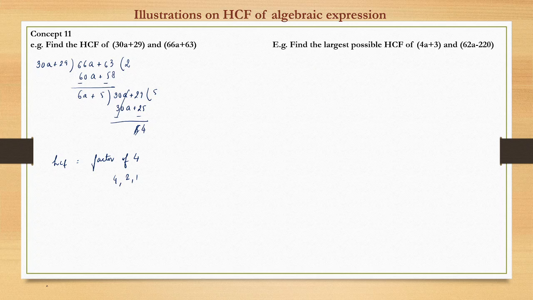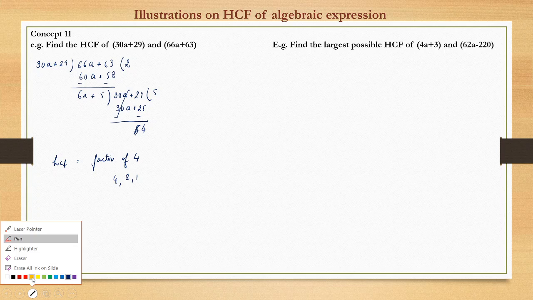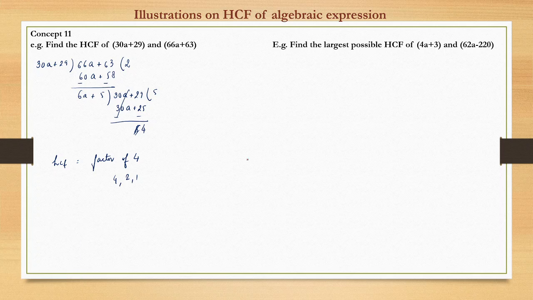Now we will see this. Find the largest possible HCF of 4a plus 3. So number given is 4a plus 3 and this divides 62a minus 220. So here this will go 15 times. So this becomes 60a plus 45. We will subtract this.